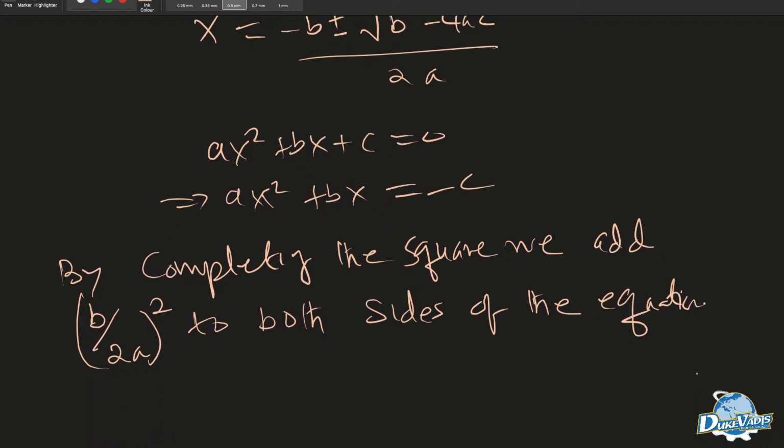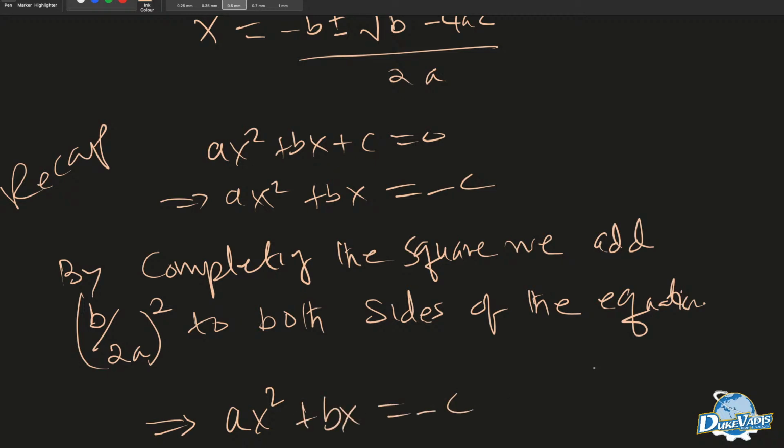Let's recap. We said ax squared plus bx plus c equals 0, so now we have bx equals negative c.